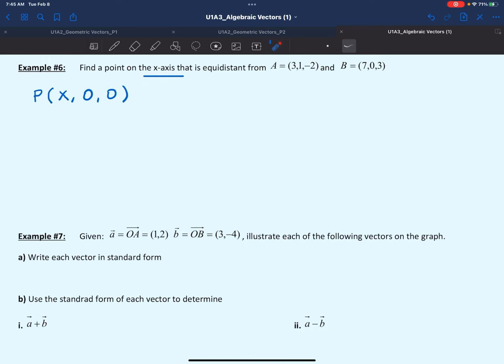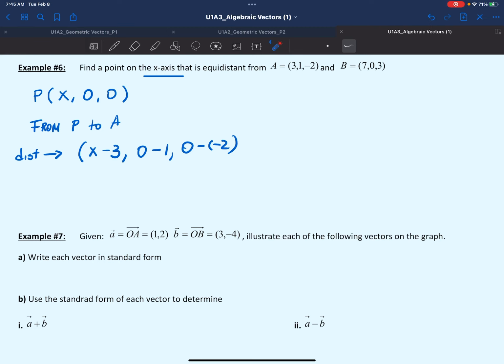Now we want the point to be equidistant from A, which is 3, 1, and -2, and from B, which is 7, 0, and 3. So the distance from point P to point A, and I'm going to write this down here, from P to A, we'll have the distance defined by the coordinates x minus 3, 0 minus 1, 0 minus -2.